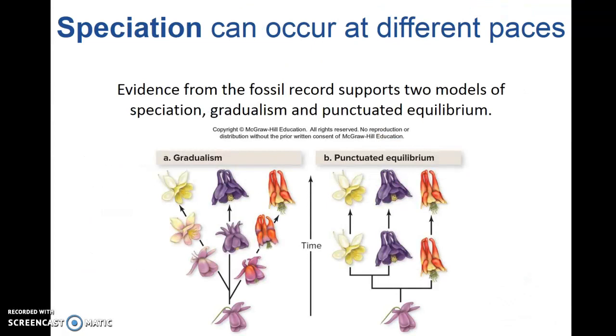So how often or how quickly does this occur? Well, that's up for some debate. We used to think that it was a very gradual process. We used to favor this idea of gradualism, which meant that it would take a long time for species to very slowly change and become new species. But when we look at the fossil record, we actually see that's not true.